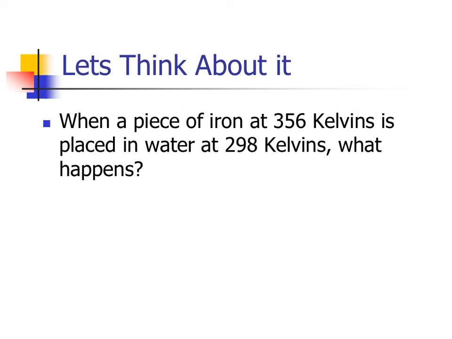So when we look at a problem as simple as this, when a piece of iron that's at 356 kelvins is placed into water at 298 kelvins, what happens? We can do the basic calculations and say that the temperature of the water is going to have to go up. We don't know by how much, but it will find itself to normalize.